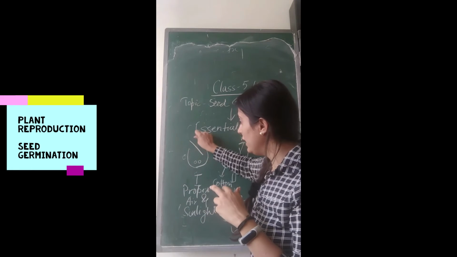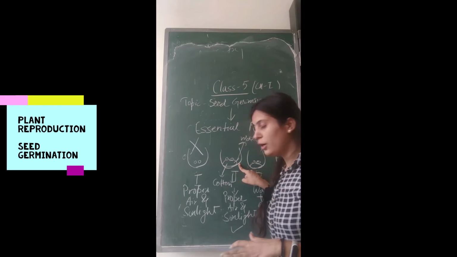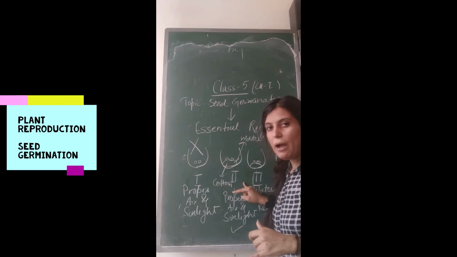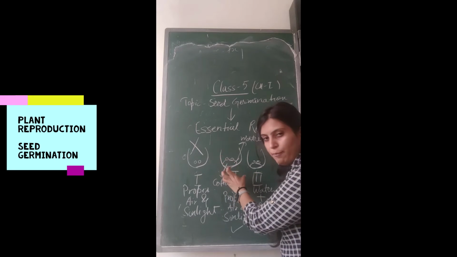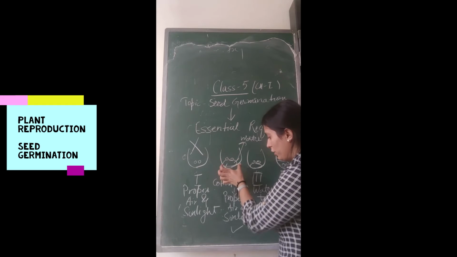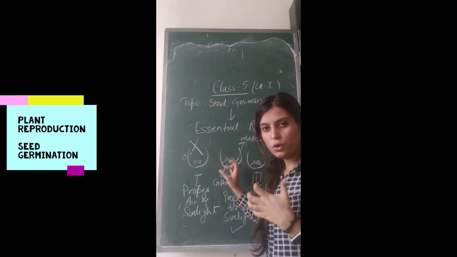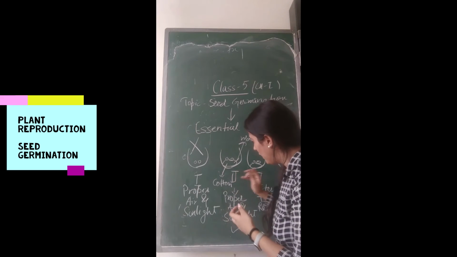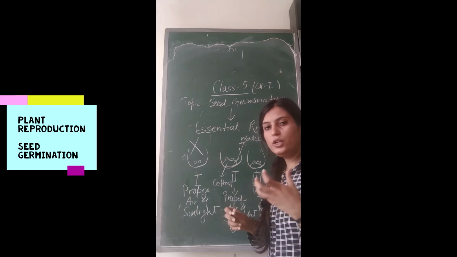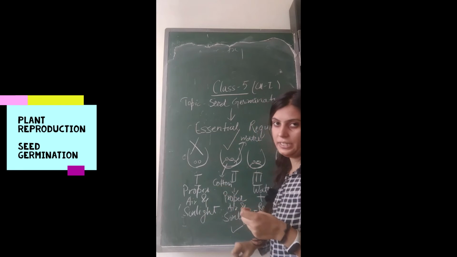So no seed germination will occur in it. In the second bowl, we sprinkled water onto the cotton and also placed the bowl in air and sunlight. So after 2 or 3 days, seeds will start germinating in it.